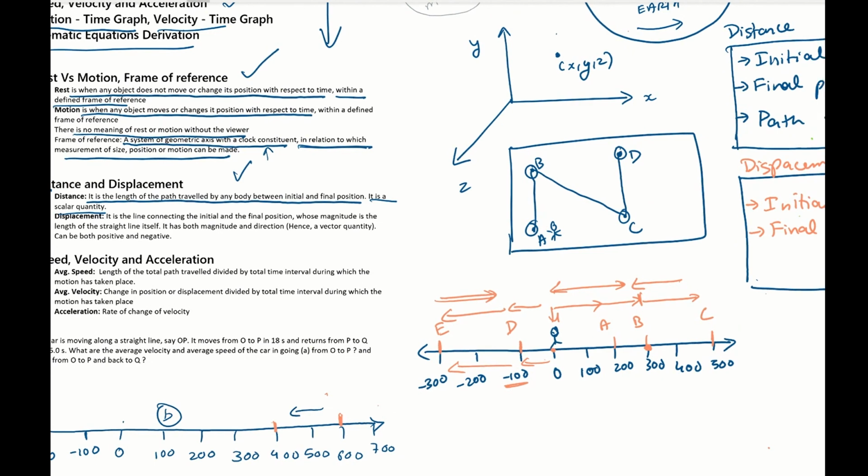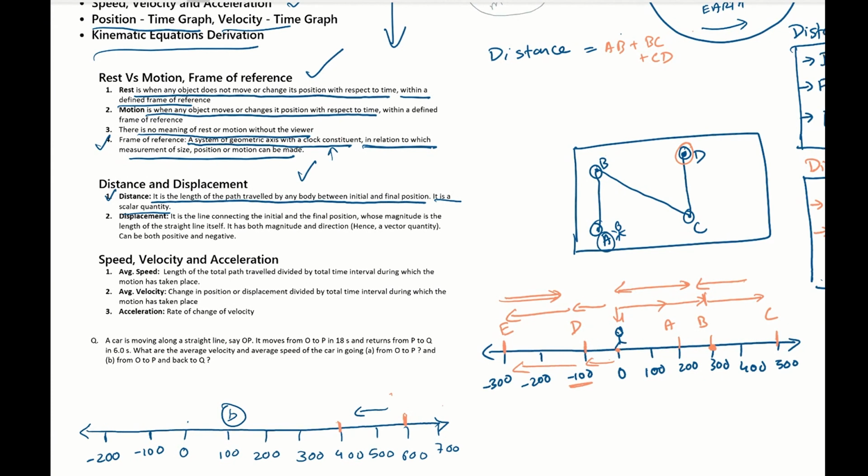In this scenario, distance would be the length of the path traveled from the initial position, A, to the final position, D. So the distance would be the length of path AB plus the length of path BC plus the length of path CD. And distance can only be positive, meaning the length of the path traveled can never be negative.